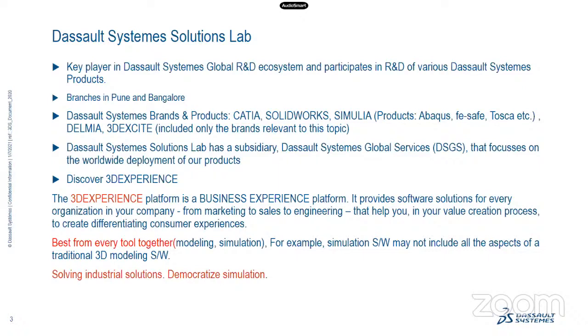Then after modeling, we use some simulation apps, and based on the simulation results, we check the durability analysis: what is the predicted life? We also do some optimization, and after that again the durability analysis. If it doesn't satisfy the design requirement, again we can change the parameters. So it can be done in a single platform.